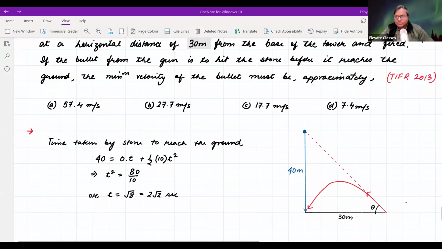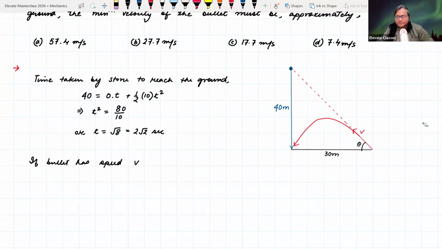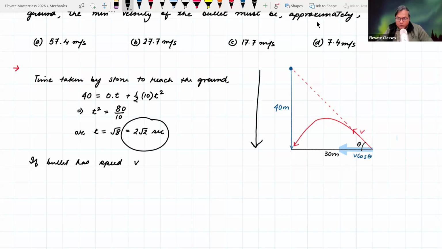So before this time the bullet must hit the stone. Okay? So if the bullet has speed v initially, tell me one thing: do I need to calculate the entire projectile motion, or is it okay if I just look at the horizontal speed of the bullet? If I look only at the horizontal speed, it is enough, right? I don't need to do the full projectile motion. What is the horizontal motion of the bullet? v cos θ. Okay? In the time in which the stone falls to the ground, v cos θ must be sufficient to reach this distance. Yes or no?